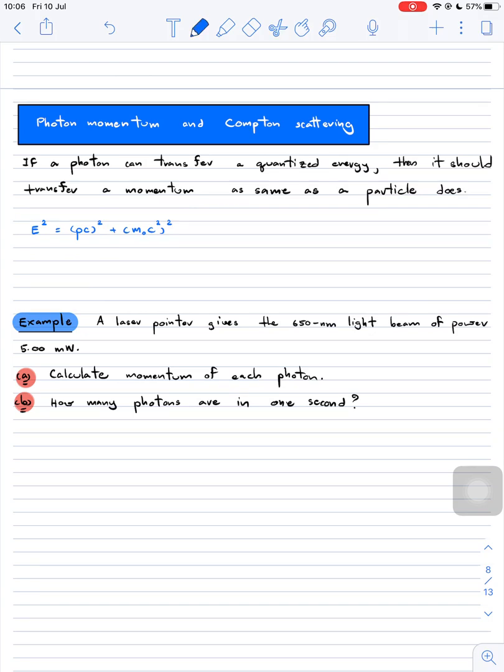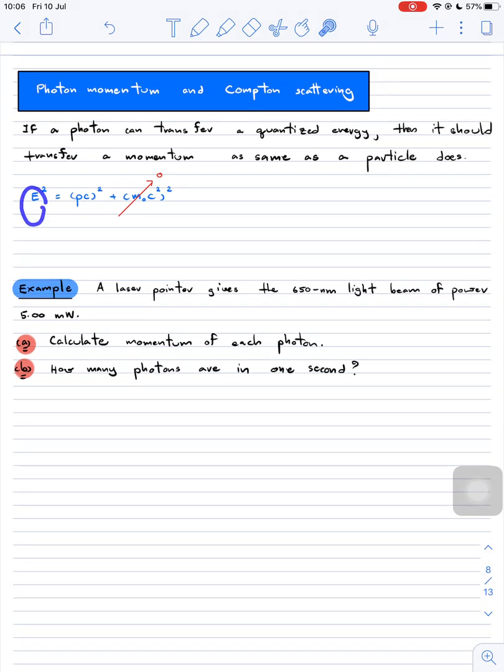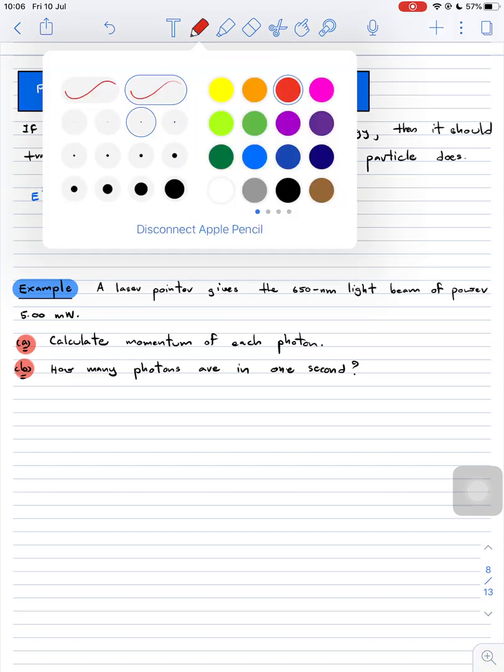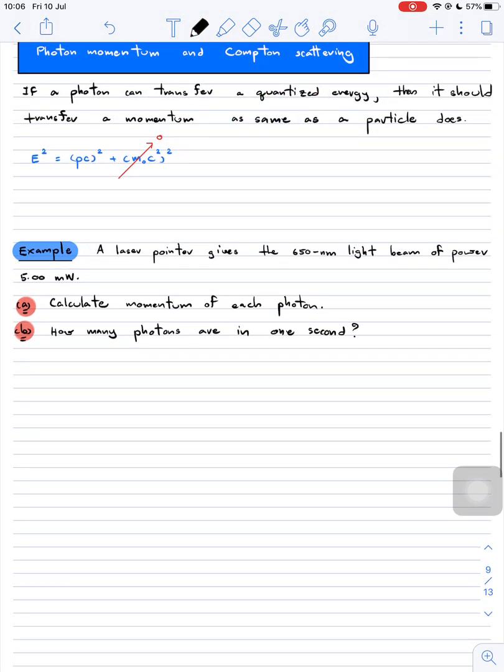Because a photon doesn't have mass, it means that m naught is equal to 0. So then we have that E equals P times c. Then we can get that the momentum P equals E over c.